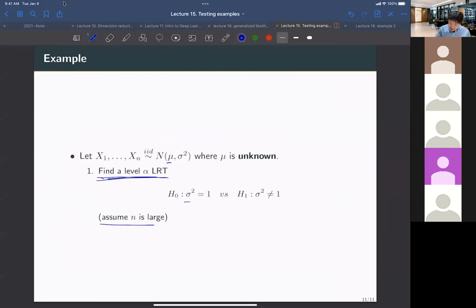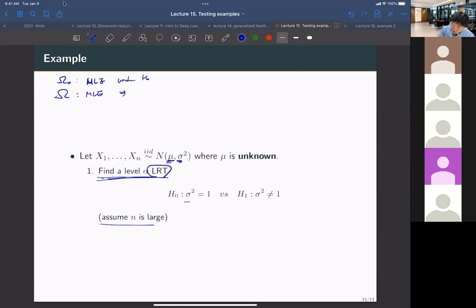Okay, so to get the LRT, we need to find the MLE under H0 and the MLE in general. We need to do that twice. So in omega 0, or H0, the MLE: there are two unknown parameters, mu and sigma squared.